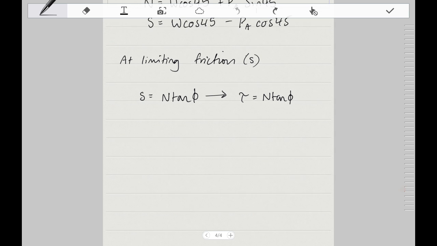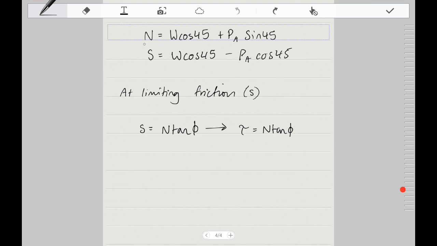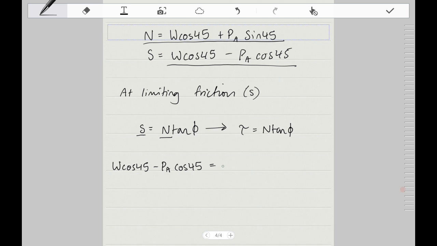Right, so let's sub in this equation for this N, and sub this in for S. So we end up with W cos 45 minus PA cos 45 equals, open bracket, W cos 45 plus PA sine 45, close bracket, multiplied by tan phi.